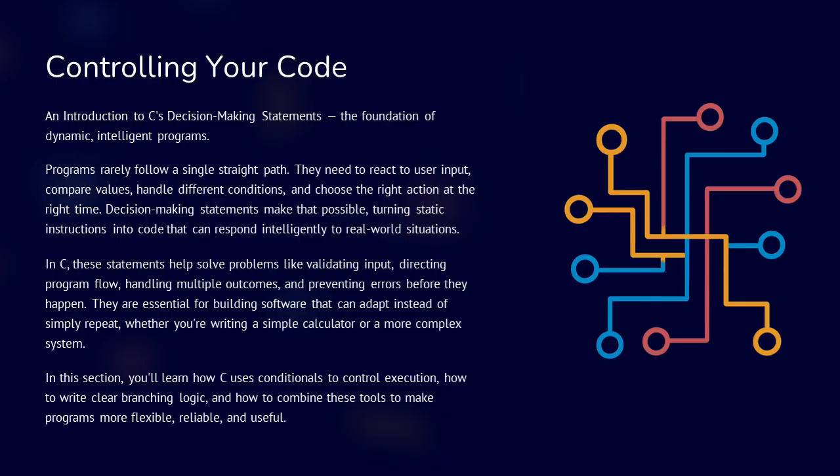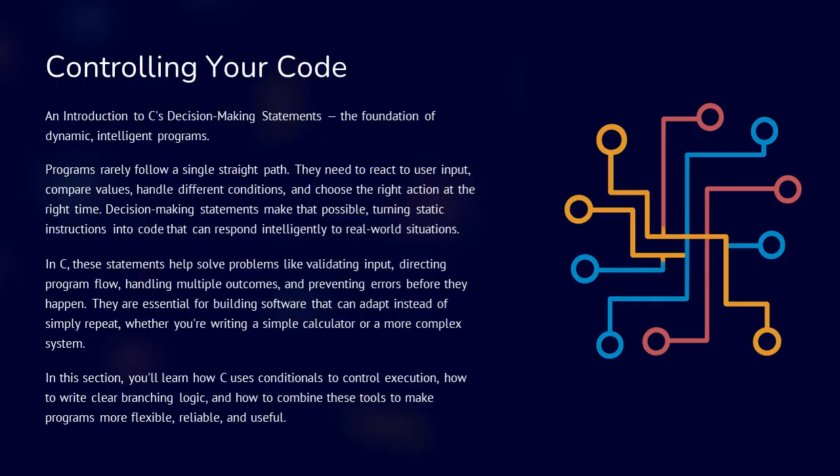In C, these statements help solve problems like validating input, directing program flow, handling multiple outcomes, and preventing errors before they happen. They are essential for building software that can adapt instead of simply repeat, whether you're writing a simple calculator or a more complex system.